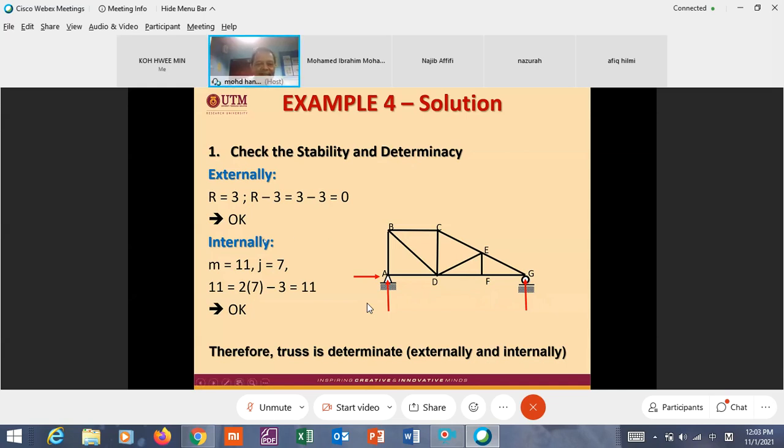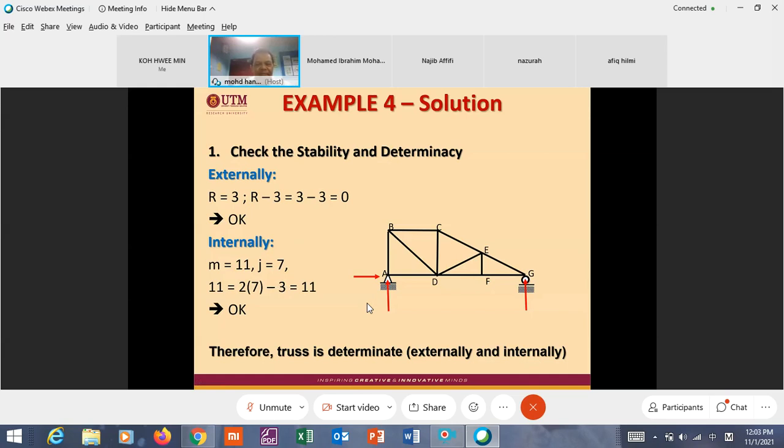Okay. And then internally, how many members? How many joints? 11 members, 7 joints, and then minus 3, because there are three reactions for the equilibrium, for the stability.